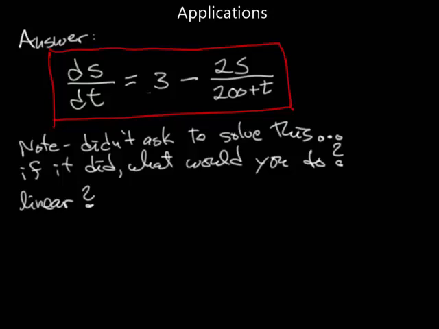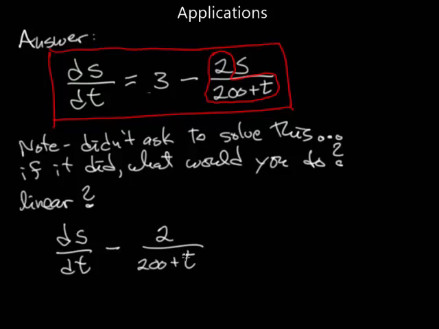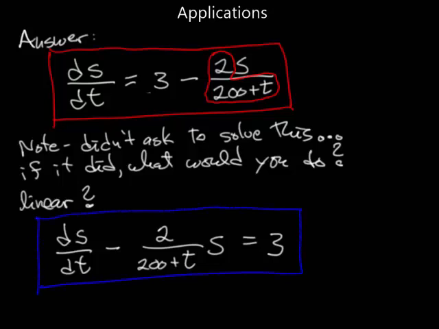We have 2 over 200 plus t multiplied times S, and that's a perfectly good function of t times S. So you can rearrange this equation in the following form: sorry, there's a sign error there. That should be plus. dS/dt plus 2 over 200 plus t times S is equal to 3. And that is a linear equation and pretty easy to solve. I'm not going to take the time to do that, but that's a linear non-homogeneous equation.